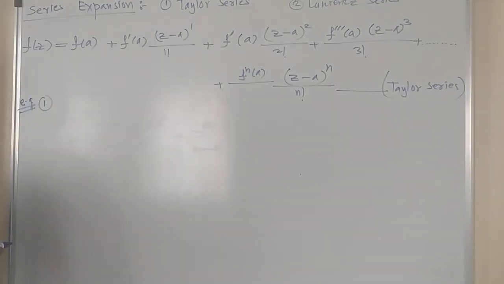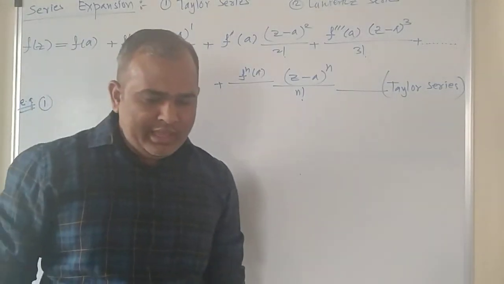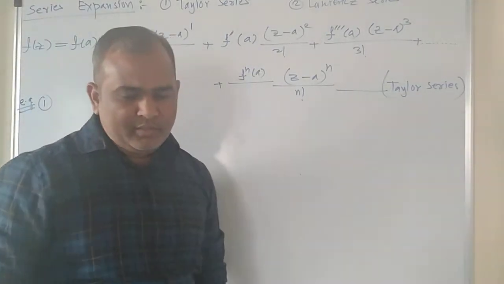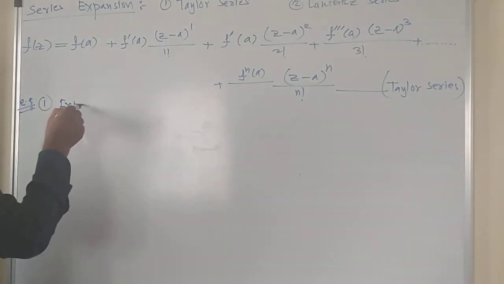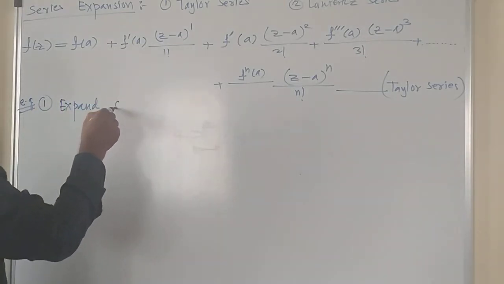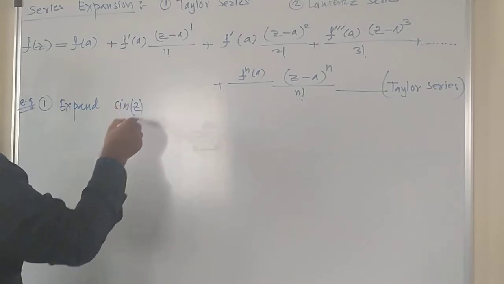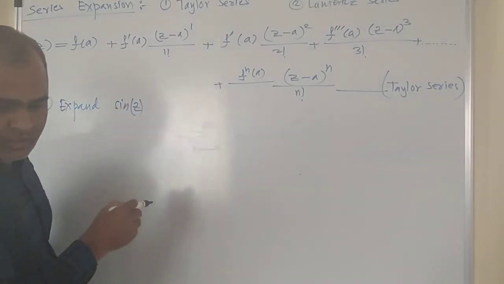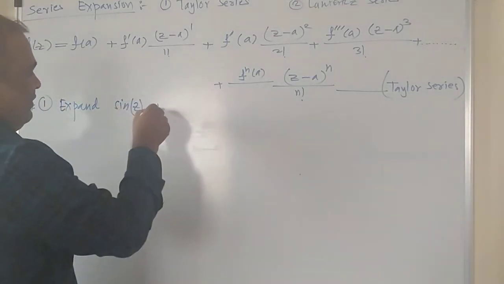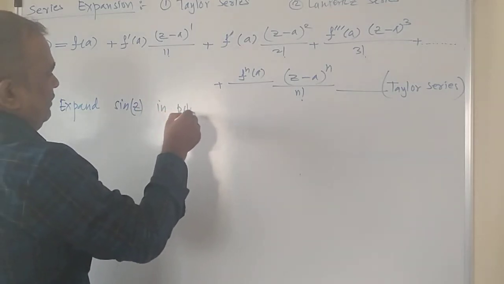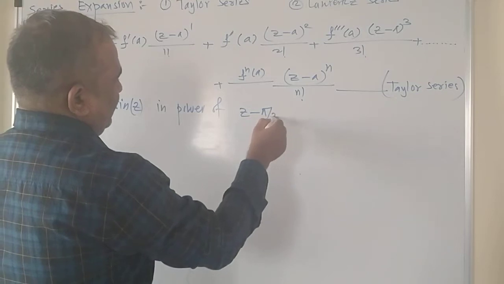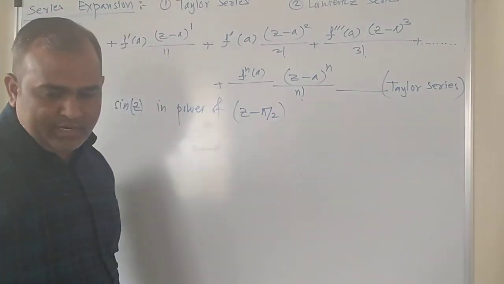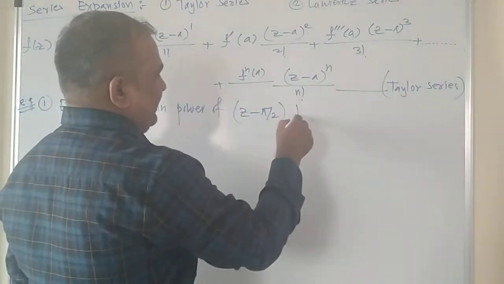So the first problem is: expand sin z in the power of z minus pi by 2 by Taylor series.